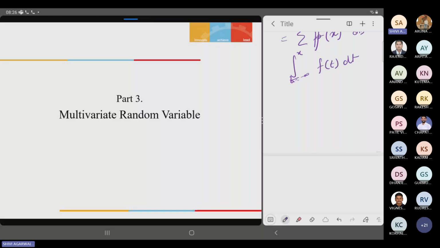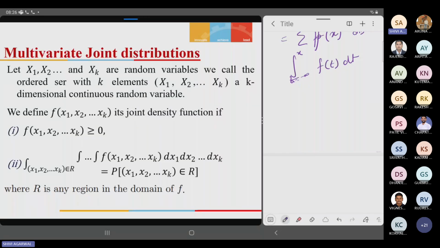It is the same as what we have already done, depending on whether it is the discrete or continuous case. If X1, X2, ..., Xk are random variables, this is an ordered set with k elements, a k-dimensional continuous random variable.